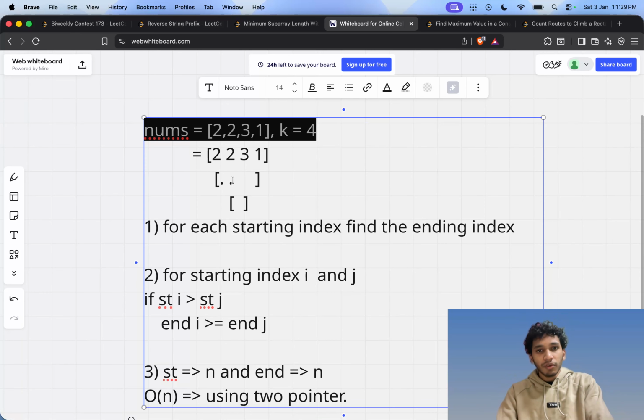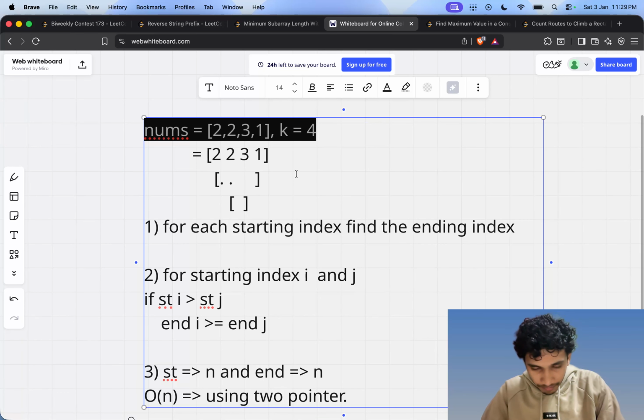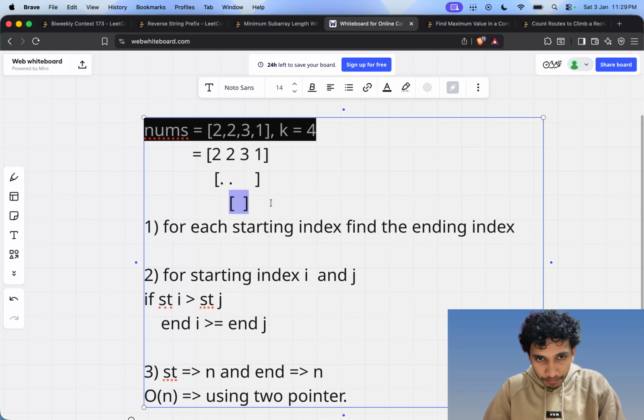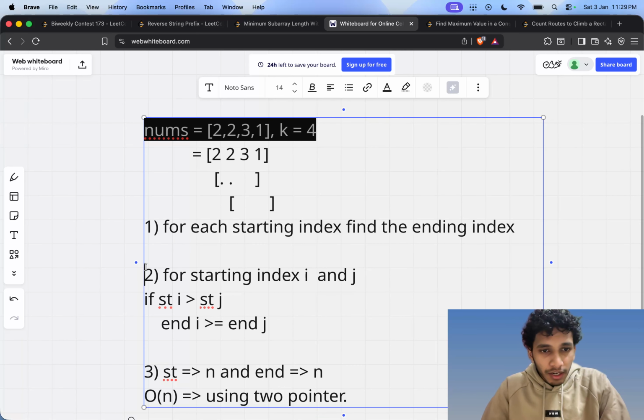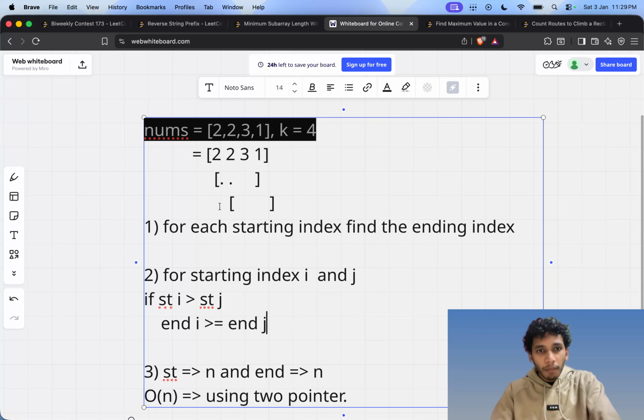Here, if this portion already gives a sum greater than or equal to k, then what is the need to add this portion into our initial subarray? That is what I wanted to say. So here also this particular condition holds, because if a number is distinct in this part, then it will also be distinct in this part.